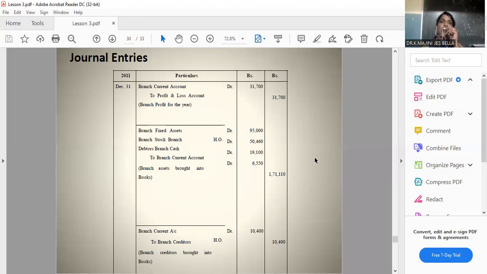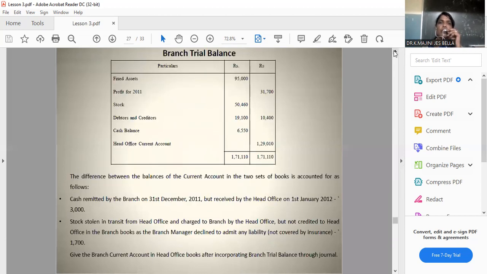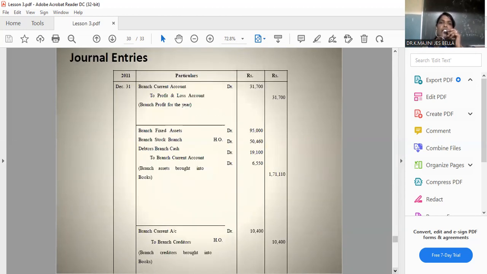Then when they are buying the assets, branch fixed asset account debtor 95,000, right? See the question here, they have given it. Branch fixed asset account debtor 95,000, branch stock of head office 50,460. Then branch debtors account debtor 19,100 to branch current account.